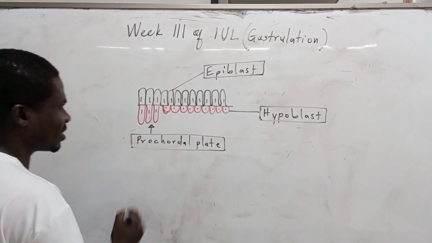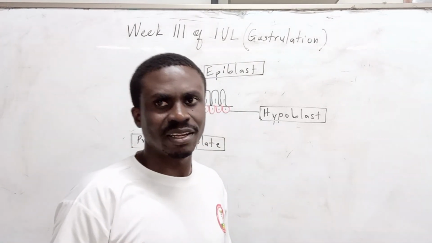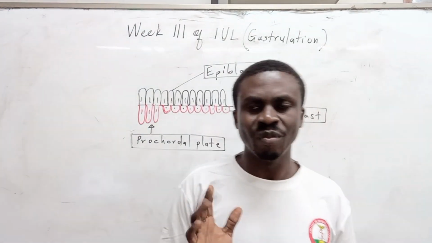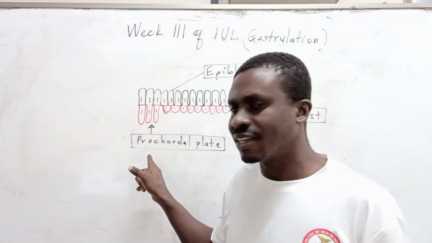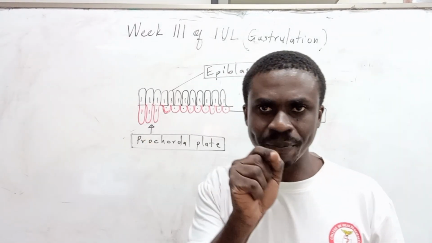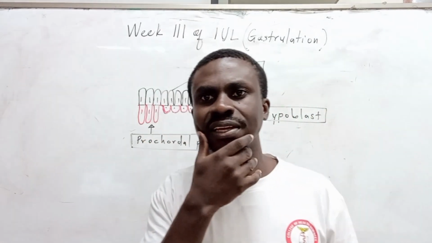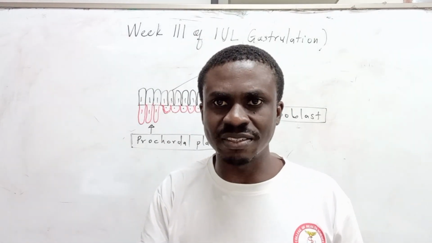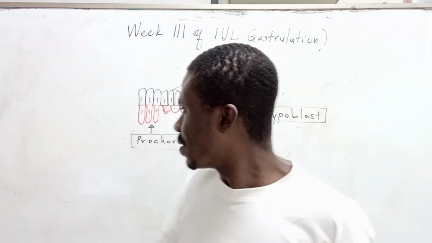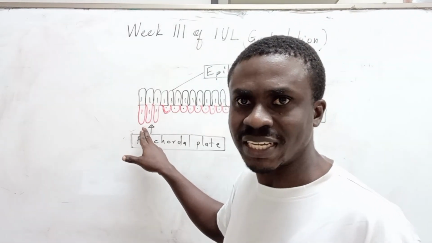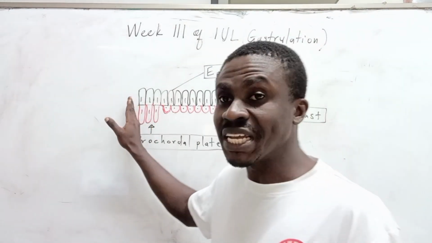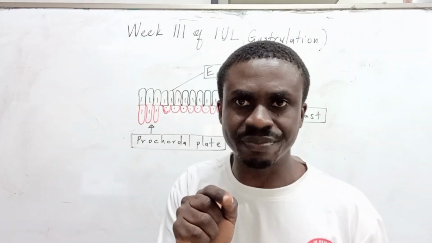The elongated cells of the hypoblast at one end is what we call the procaudal plate. So let me just put that over here for you. My friends, importantly, this procaudal plate has some kind of significance. The significance is that once we see the procaudal plate, it tells us that this becomes the cranial end of the embryo.